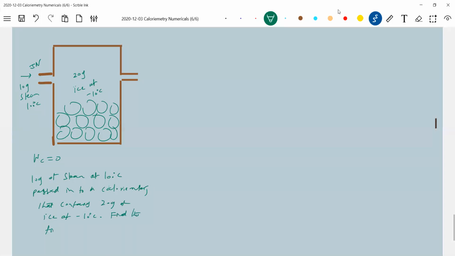Find the final temperature of calorimeter. Okay, now I can mix steam with ice.